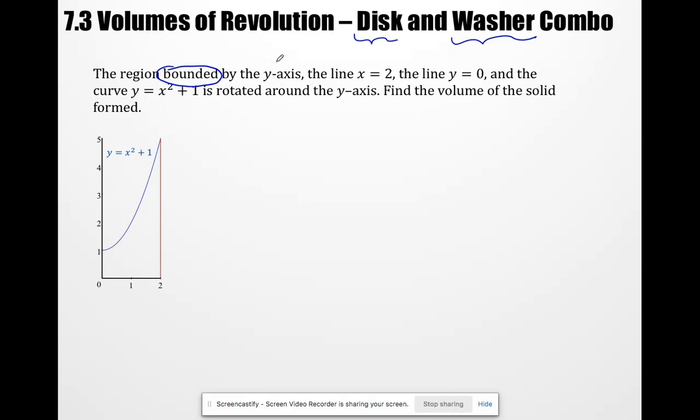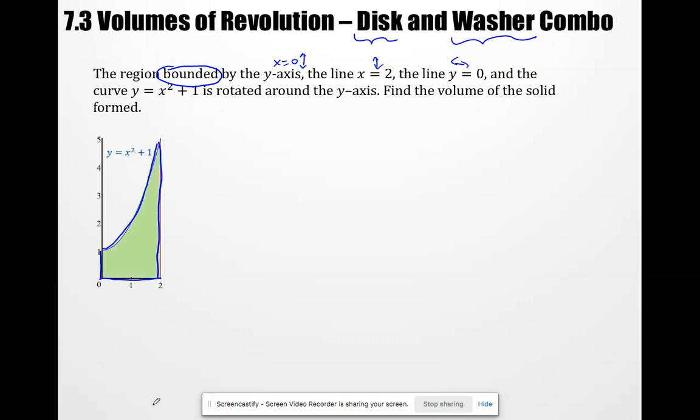The y-axis is x equals 0. That's one boundary. The other boundary is x equals 2. That's a vertical line. And y equals 0, which is a horizontal line. And then, of course, the curve.